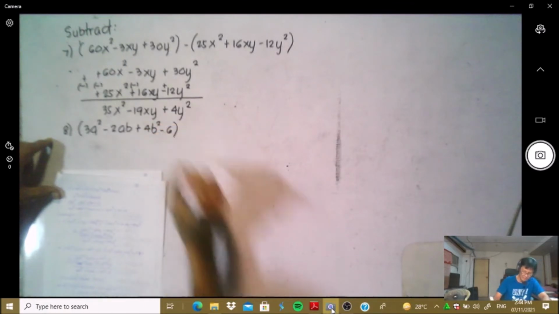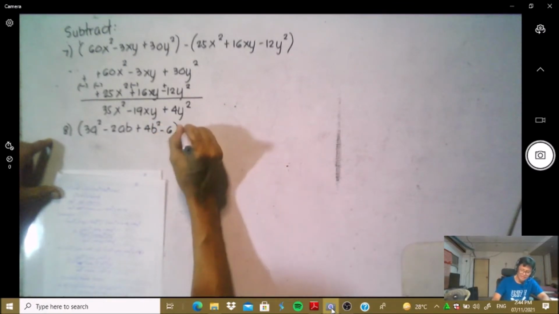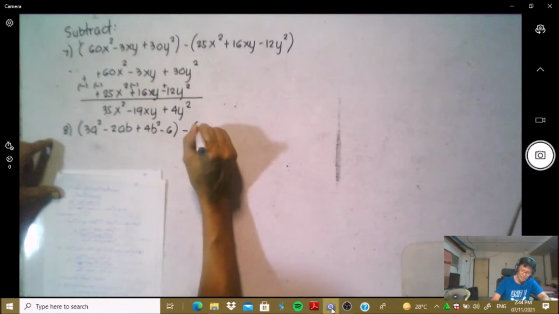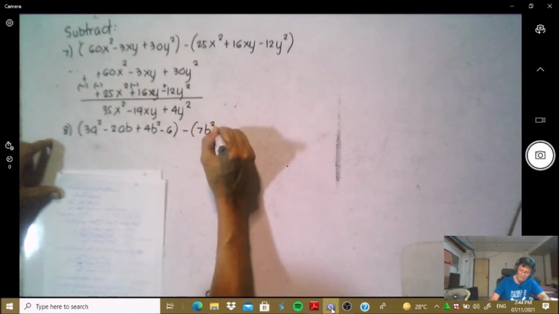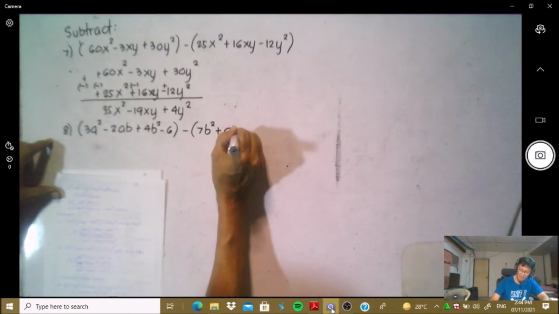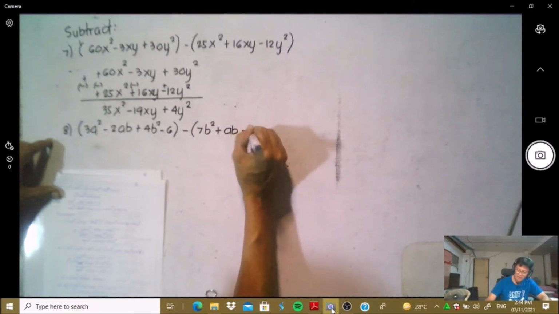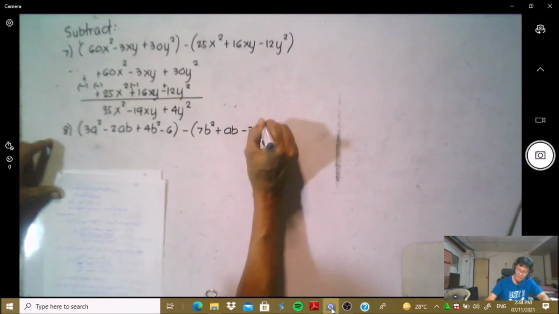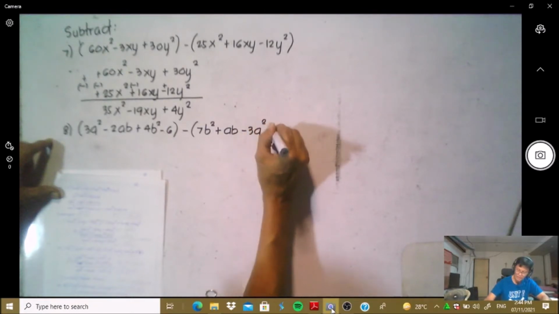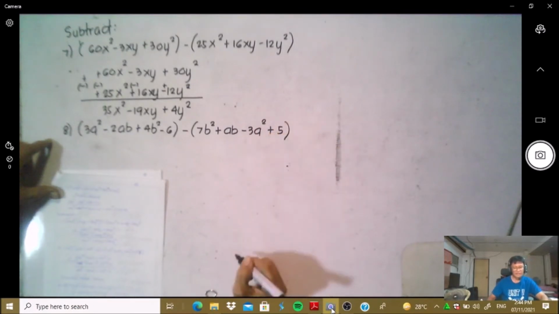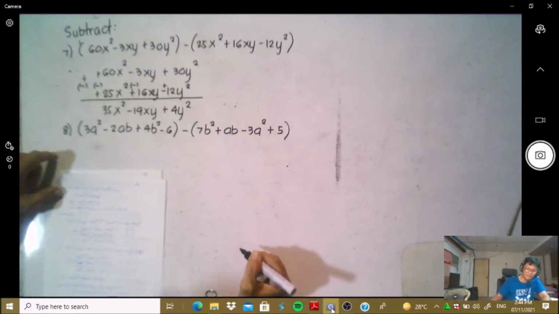So there are 4 terms, minus 7b squared plus ab minus 3a squared plus 5. Okay, so our first term is already in order, while our second term is not in order.